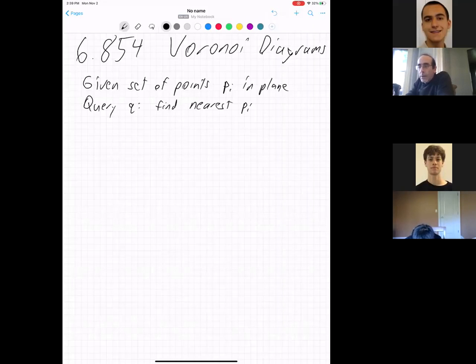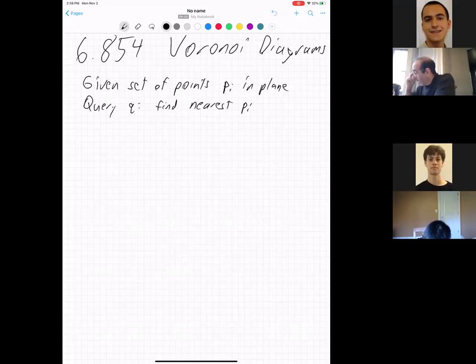Okay, so near neighbor searching has a ton of uses. Finding the nearest post office, finding the nearest supermarket, finding the nearest document in various embedding spaces. So near neighbor search is a sort of fundamental problem, and we're looking at the geometric version when you have a set of points in the plane.